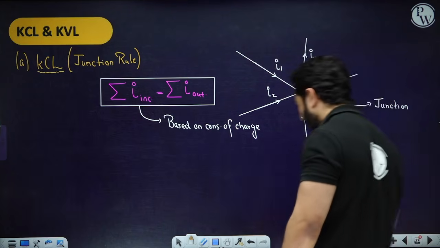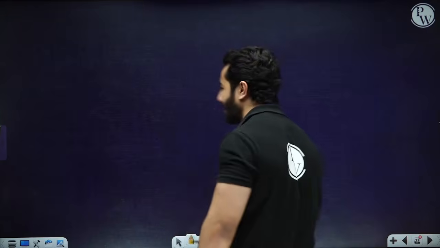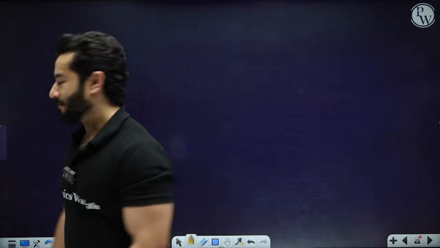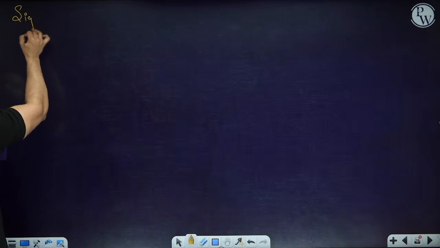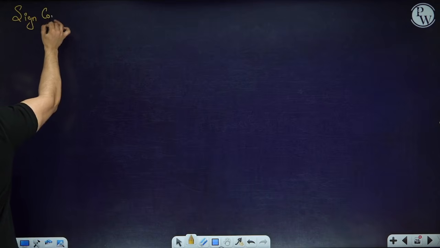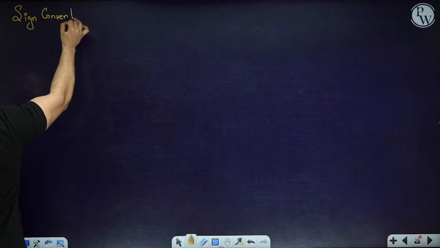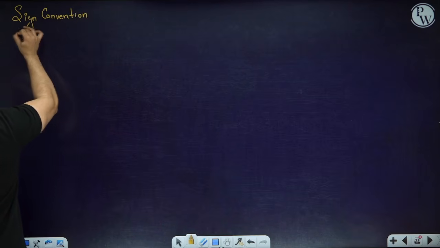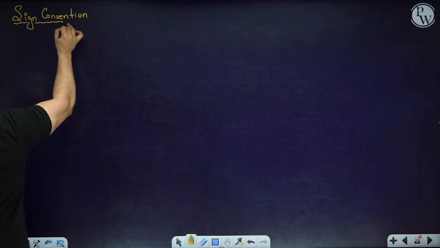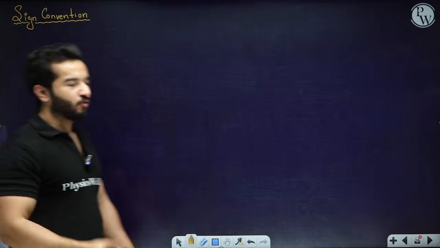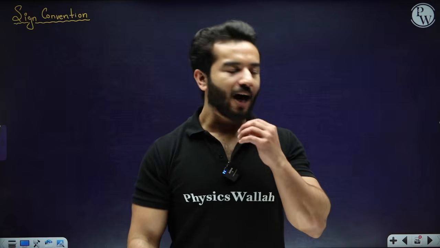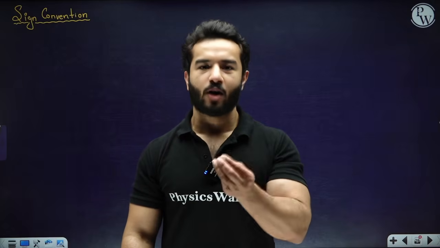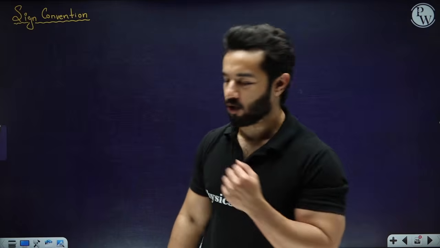Now let's talk about the sign convention that we require in KVL. By the way, sign convention of what? This is an important question. Sign convention of reading potential differences. How you read and note down the potential differences. This is what we are talking about.